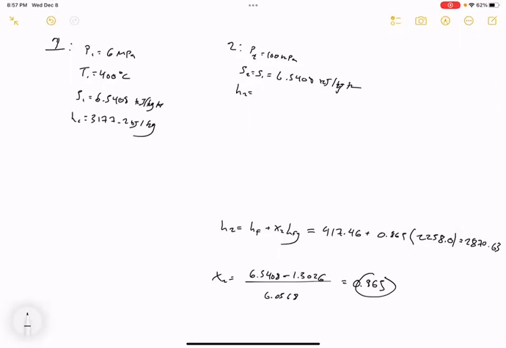Now, we're not done yet because they don't ask us for the enthalpy, they ask us for the change in enthalpy. So H1 minus H2 is 3177.2 minus 2870.63. And this gives us a change in enthalpy of 306.57, given in kilojoules per kilogram.